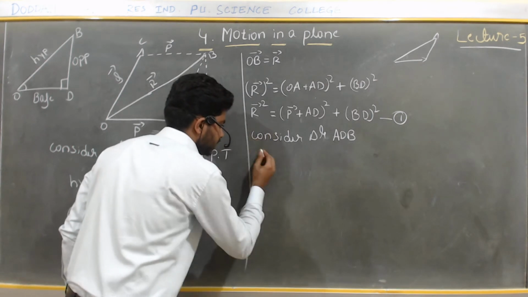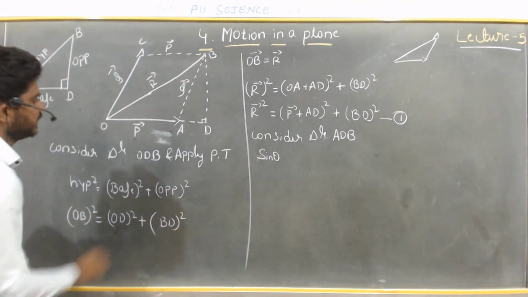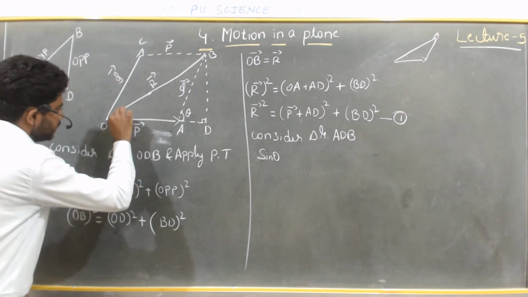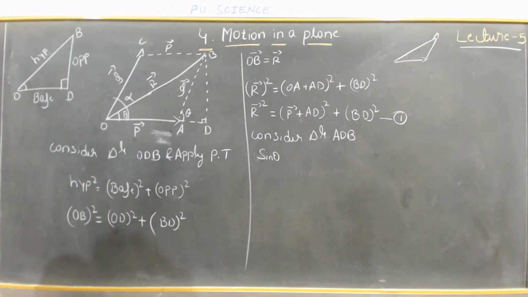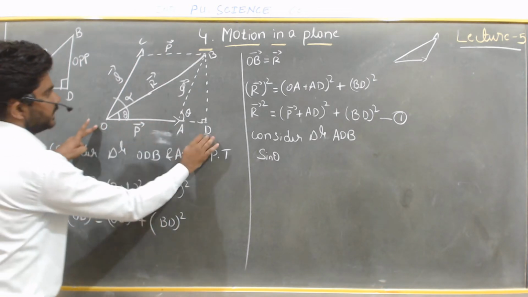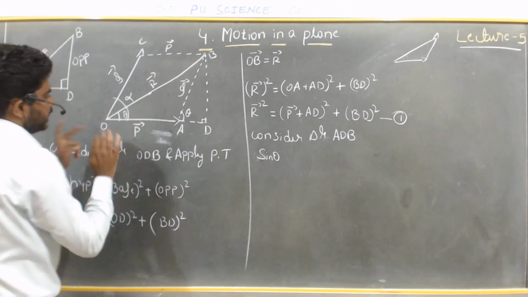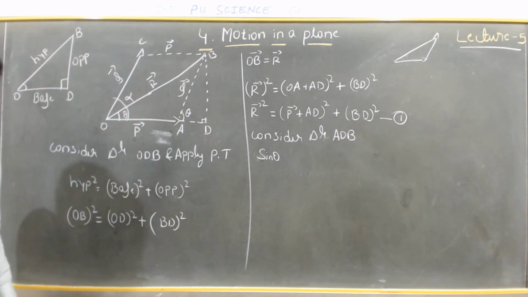First I will take sine theta. See here, it makes an angle theta, and here also it will make an angle theta, and the overall angle is alpha. Overall angle means ODB is what? Alpha. Simply OAB is theta. If it is theta, then this angle is also theta.